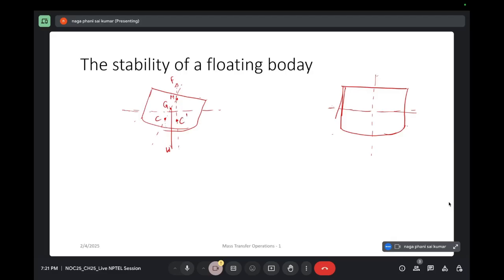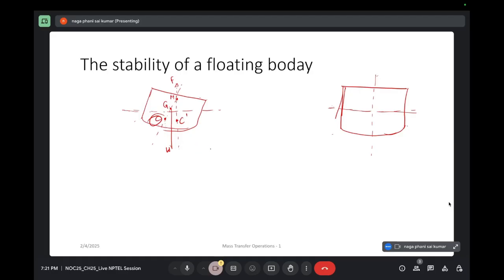Whenever a body of weight W is floating in water with some inclination, the center of gravity or centroid does not change with the inclination of the body; it remains the same. Whereas the center of buoyancy, that is C, will be changing to a new location, that is C dash. Whenever the center of buoyancy is shifting, obviously there will be some forces acting on the body.